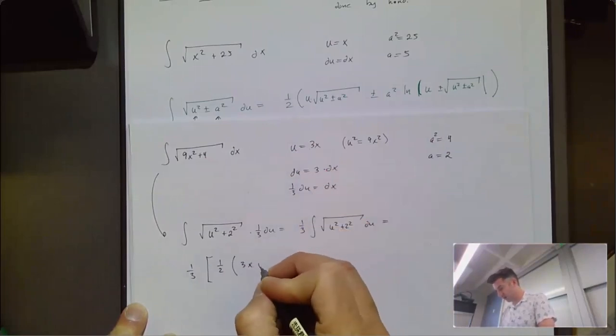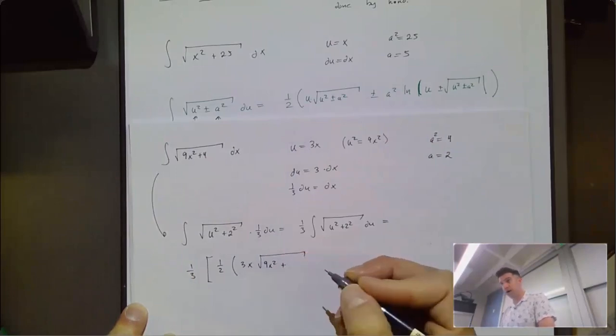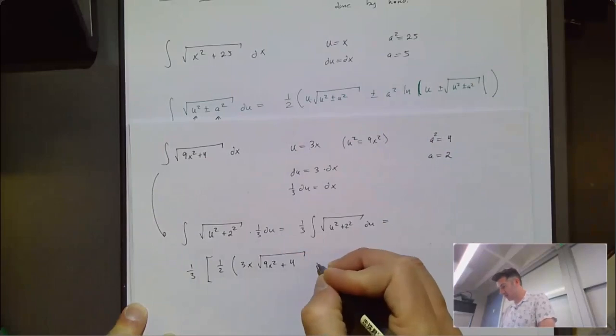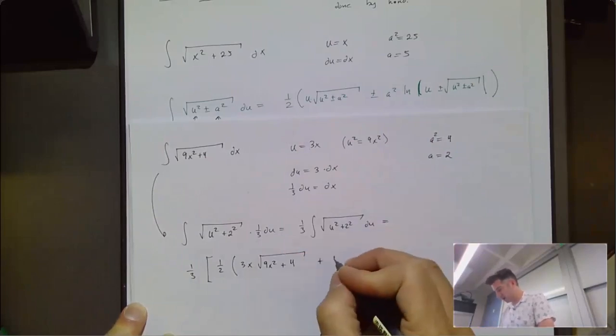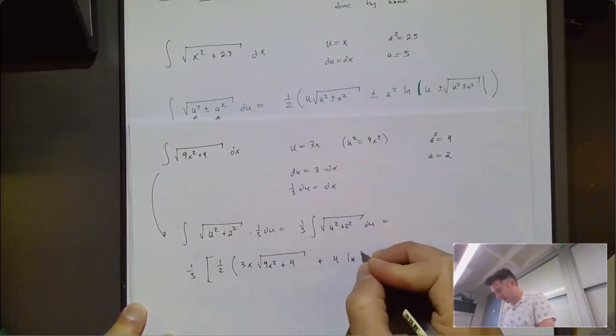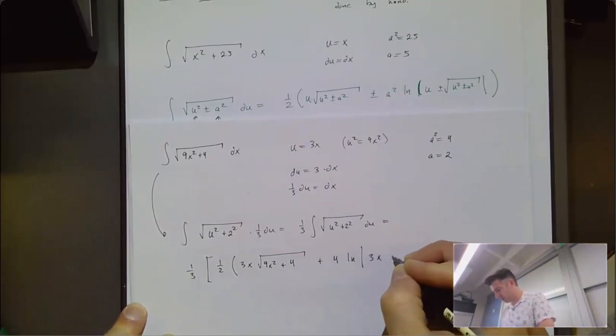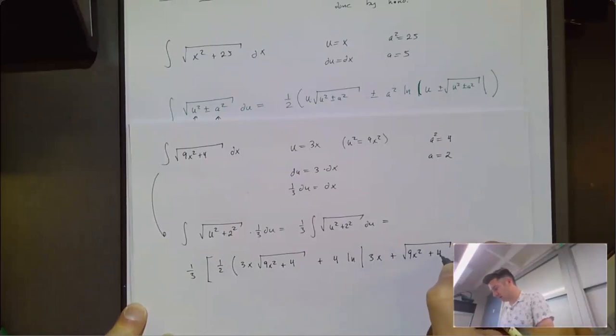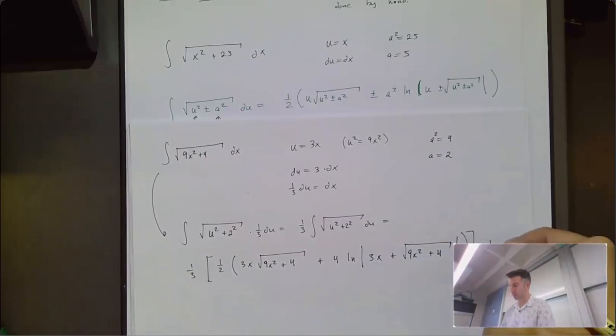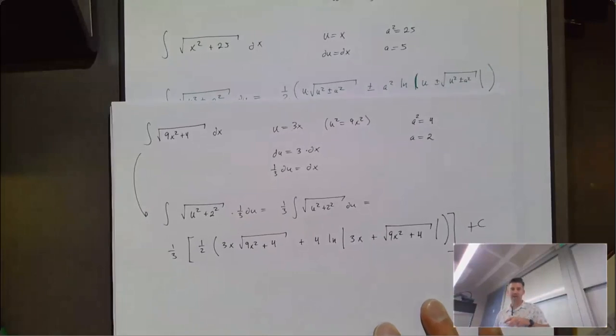Sorry, times the square root of u squared, which is 9x squared, plus a squared, plus a squared times the natural log of the absolute value of u plus the square root of u squared plus a squared. And I suppose we should probably be throwing in a plus c. Sorry, I see that you can't quite see that there.